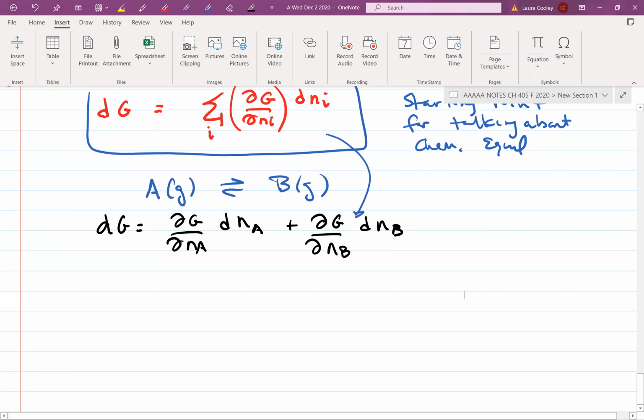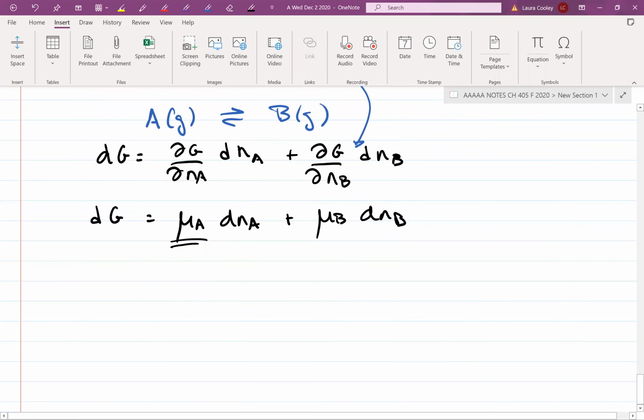And let's not forget that this is mu A. That is how the Gibbs energy changes with the moles of A.